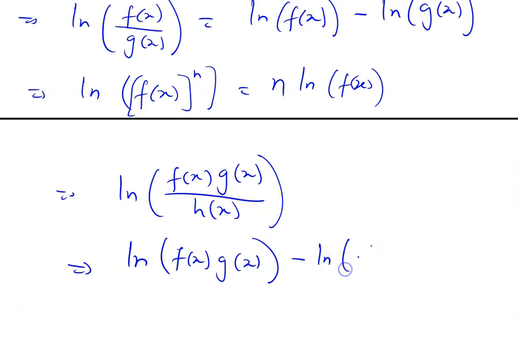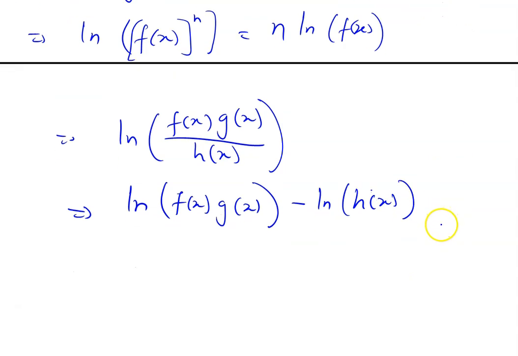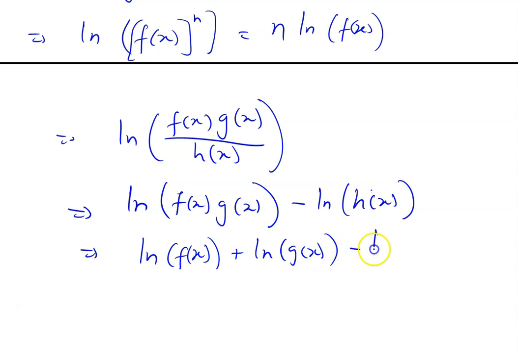I can further break this down, since f of x and g of x can be broken into two. So we will get ln f of x plus ln g of x, minus ln h of x.